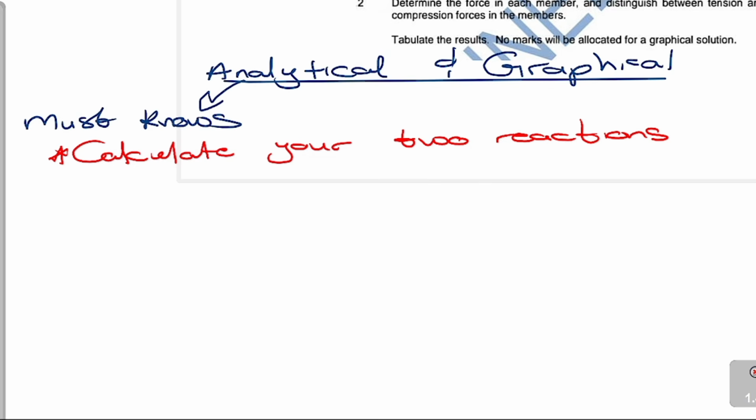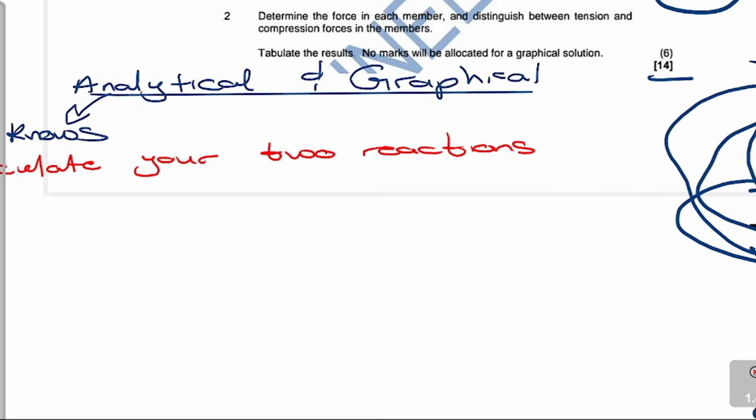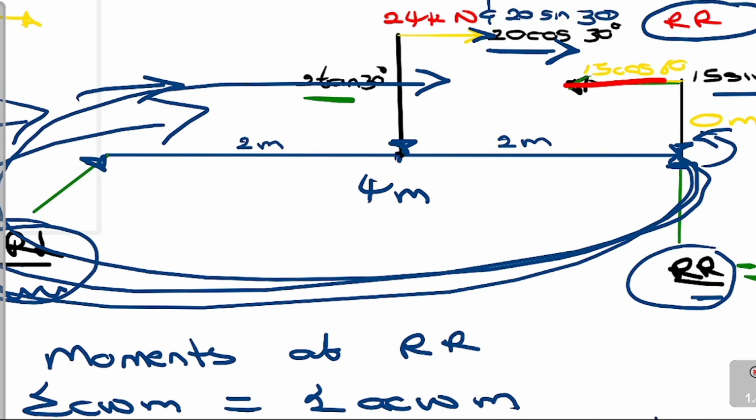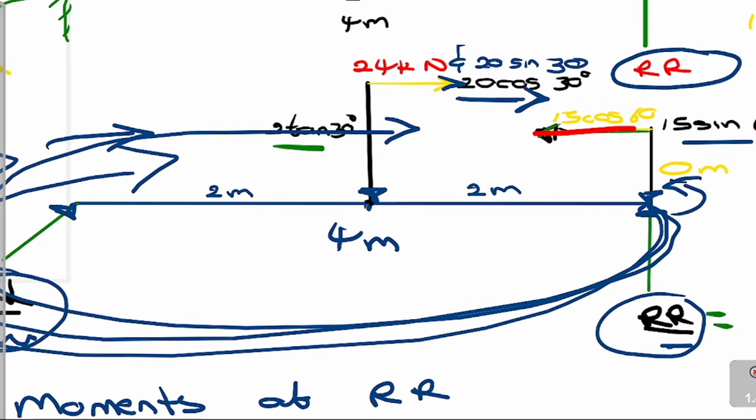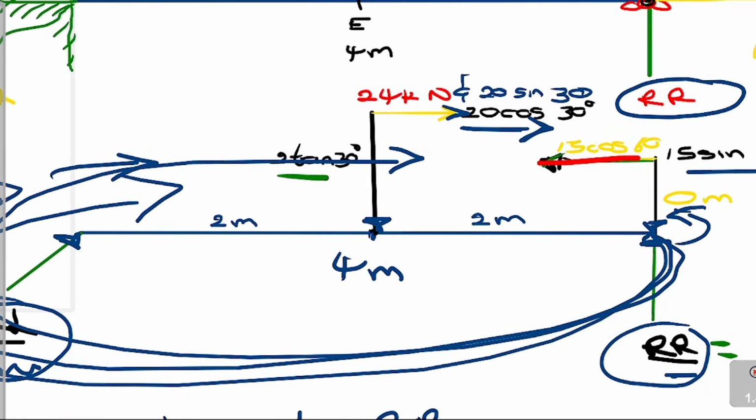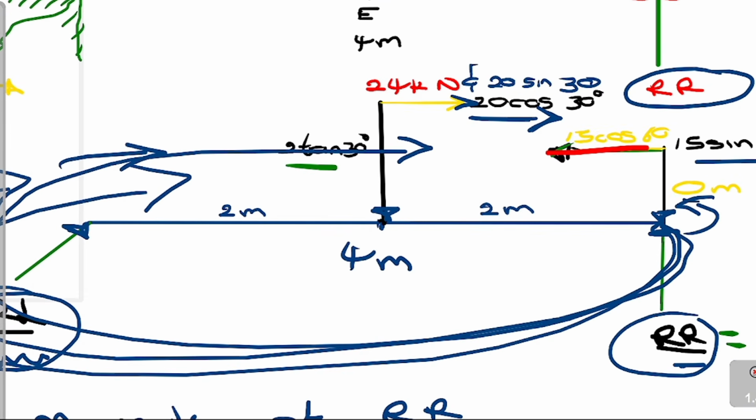This is an example of the load diagram that I have over here. I know there's a lot going on, but a load diagram is when you take the forces or the loads from the space diagram and you put them on your load diagram.